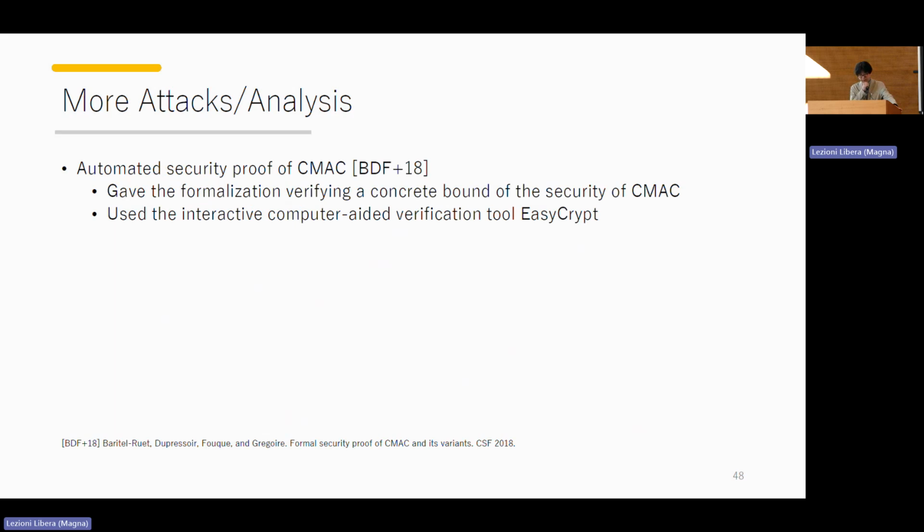There is an automated security proof of CMAC. So they gave the formalization verifying concrete bounds of the security of CMAC, and they used the interactive computer-aided verification tool called EasyCrypt to prove the security of CMAC.